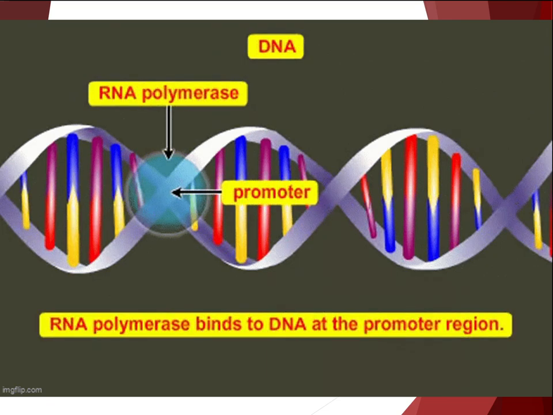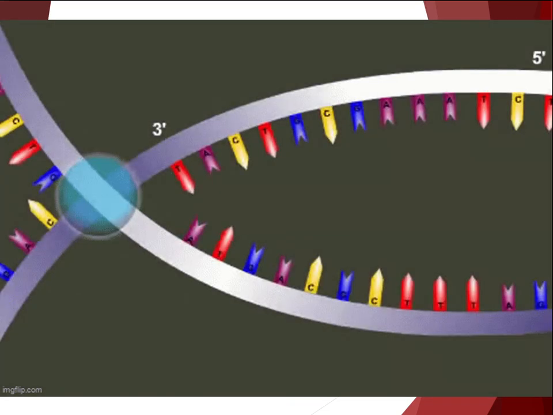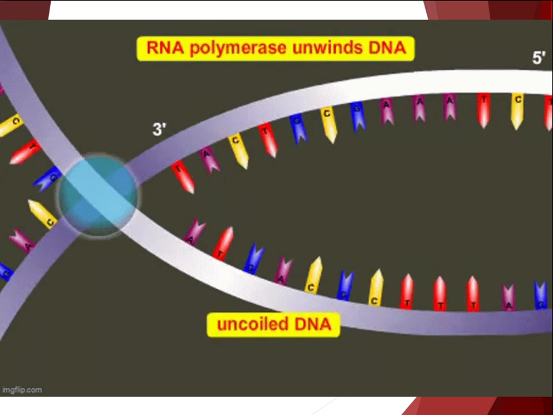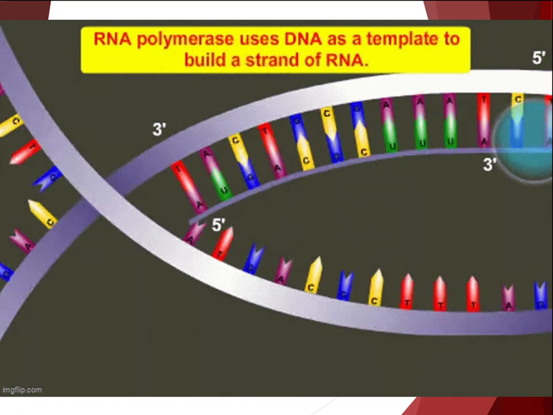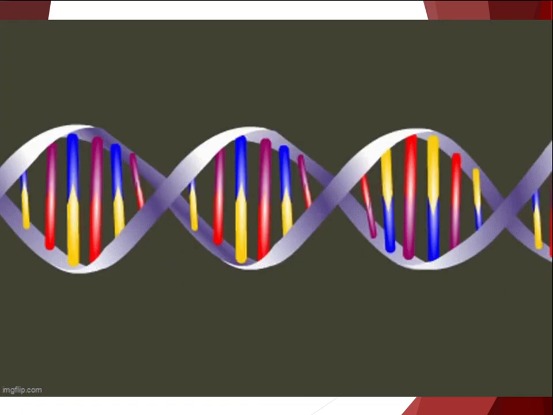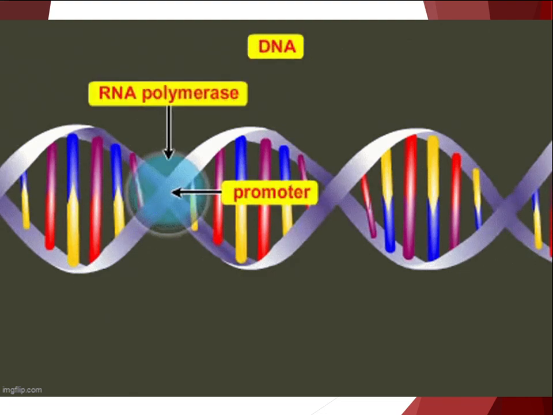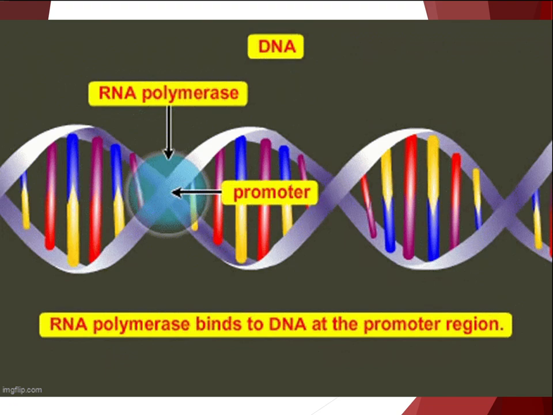During transcription, the enzyme called RNA polymerase catalyzes the copying of base codes in a gene from the DNA to a complementary strand of mRNA.